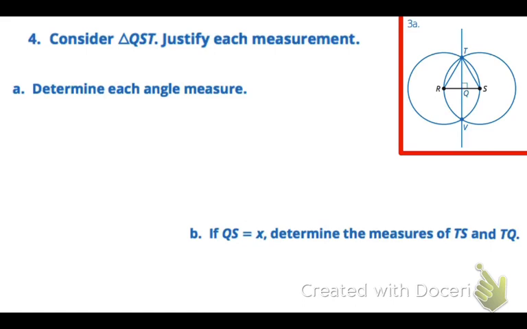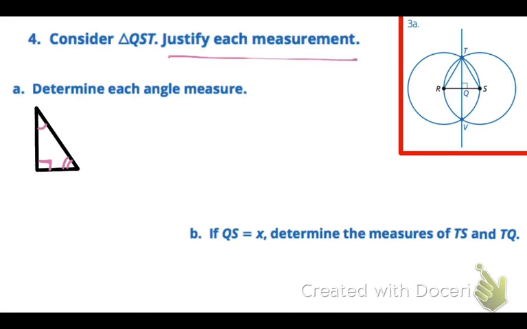So I'm going to go ahead and draw the triangle out here, and then you guys have to give me the angle of each part of this triangle. But when you give me the degree, I need you to also give me a reason. So they're asking here to justify the measurement.